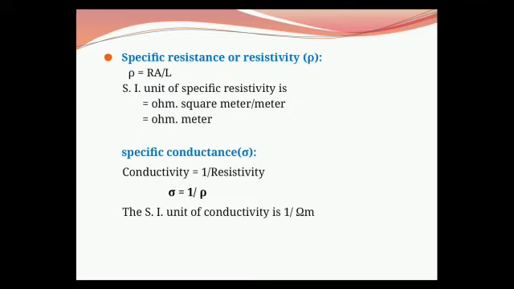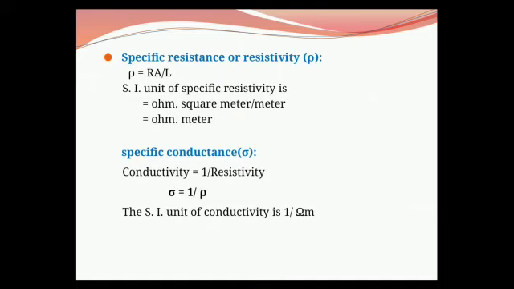The second point is specific conductance, also called conductivity and denoted by sigma. From the definition of conductivity, the reciprocal of resistivity or specific resistance is called specific conductance, and therefore the formula is sigma equals 1 upon rho.